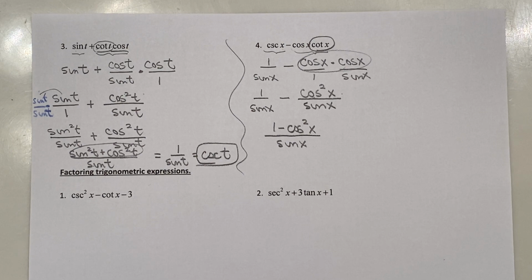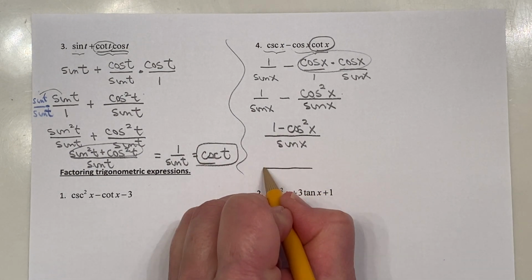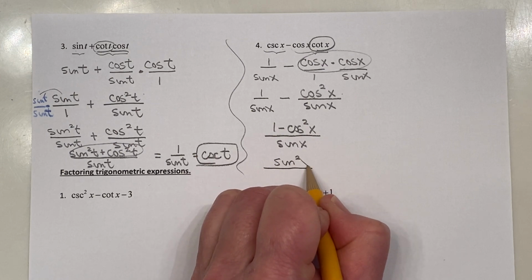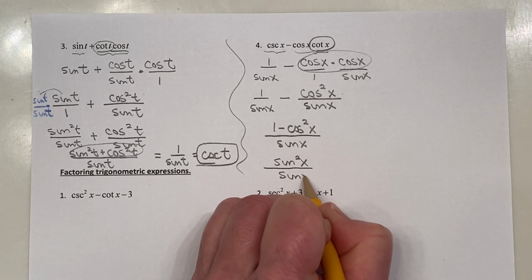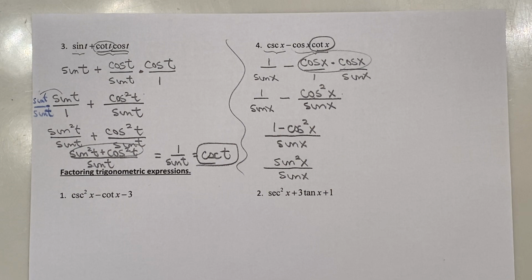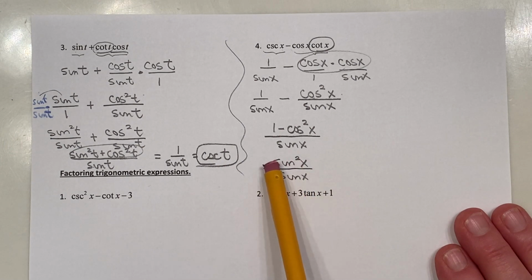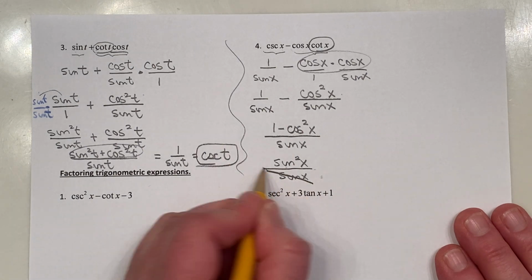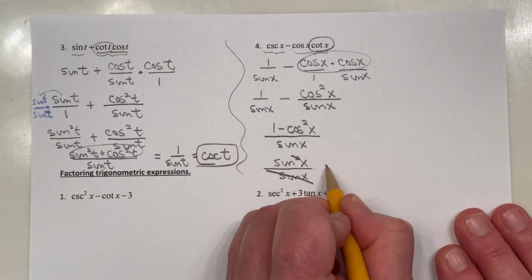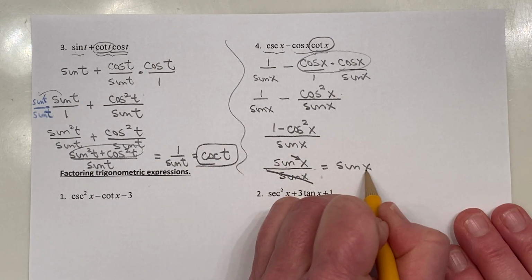Because are we done? No. 1 minus cosine squared x is equal to sine squared x, and we still have the sine x here. Remember, on top, this is sine x times sine x. That's why we have sine squared x. So I can divide one sine x out with one of these. My final answer is sine x.